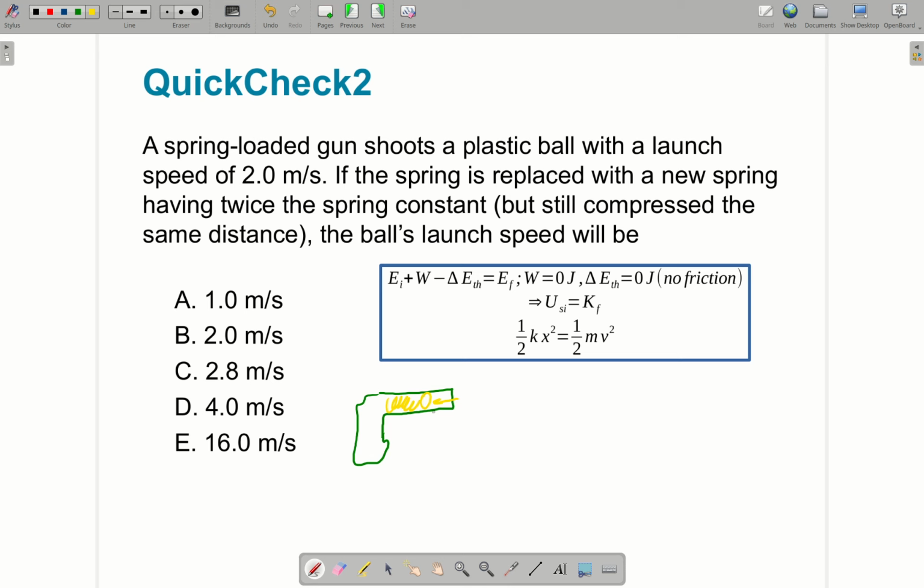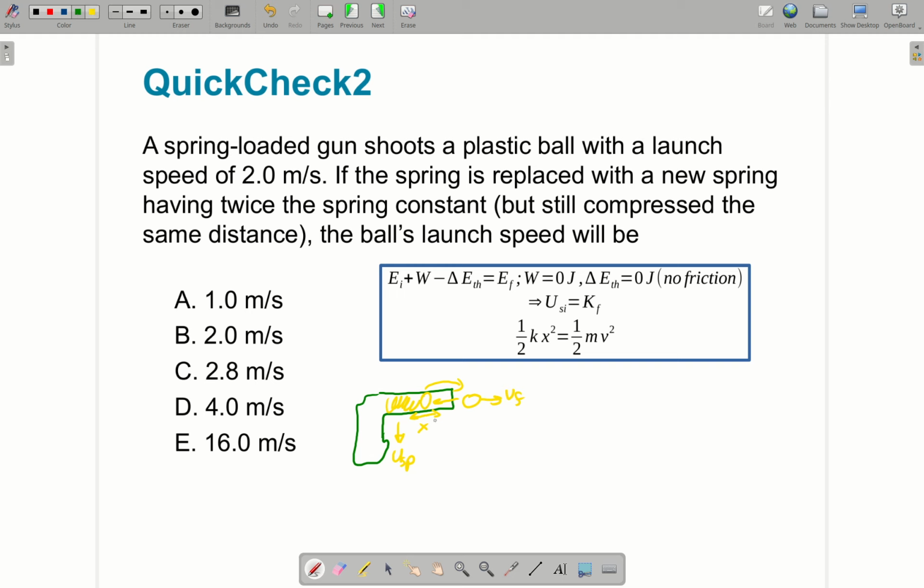It's a similar idea. As you push the ball into the gun, you compress a spring by an amount of X, so you store spring potential energy. And then when you let it go, that spring potential energy converts to kinetic energy and kicks the ball out at a final speed. That's the idea here.